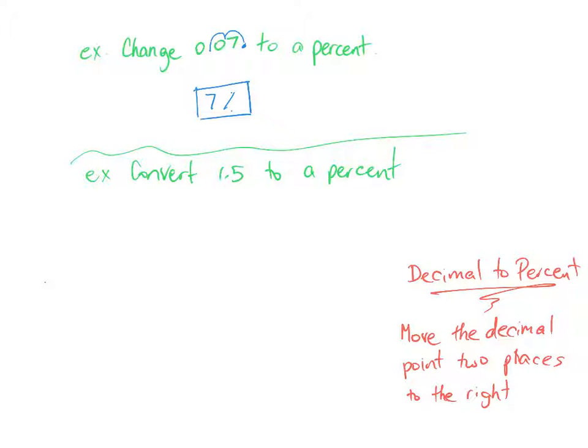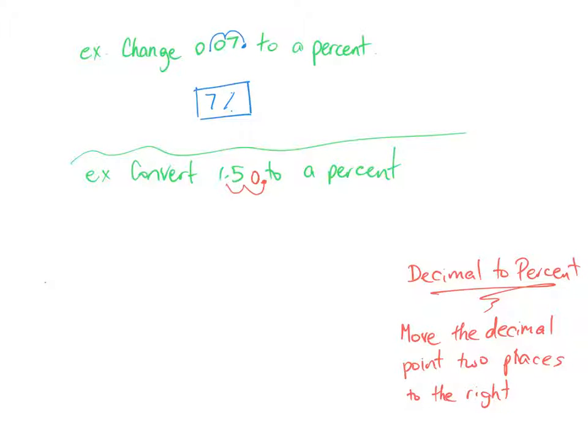All we have to do is take the decimal point and move it 2 places to the right. Notice there is no number right here. That's okay. The placeholder value is just going to be 0. Anytime you don't have a digit to fill in that spot, you are going to want to put a 0 there. So the new decimal point will be right here. We've moved it 2 places to the right.